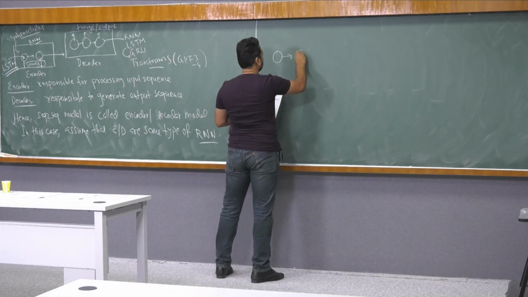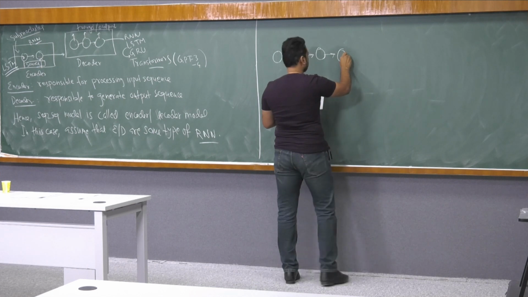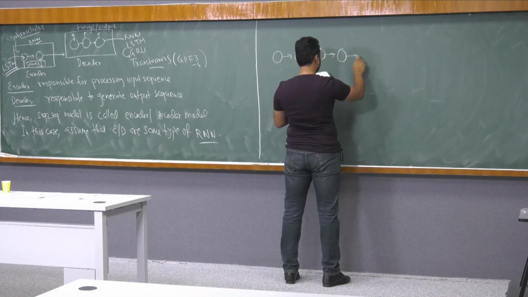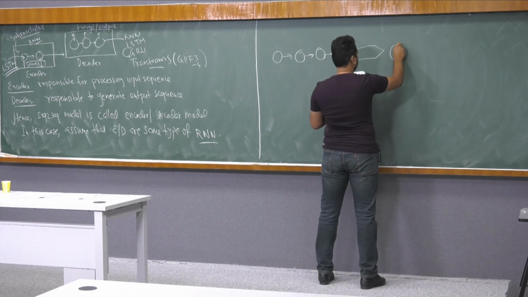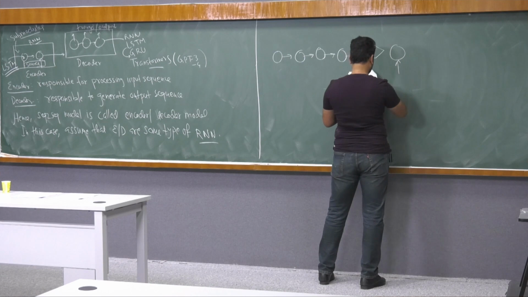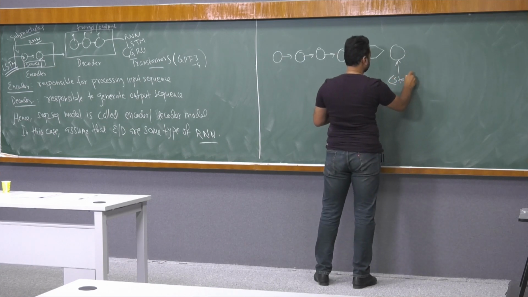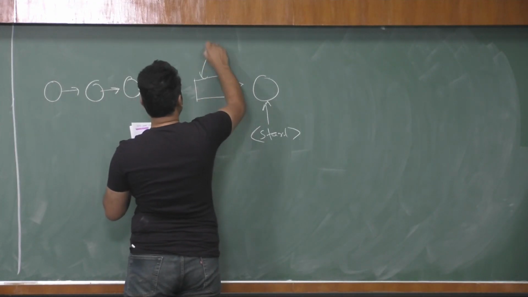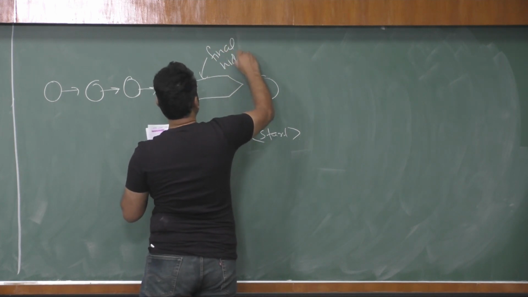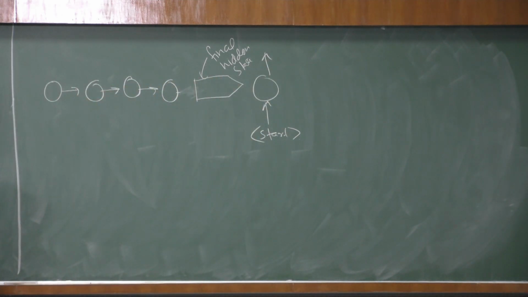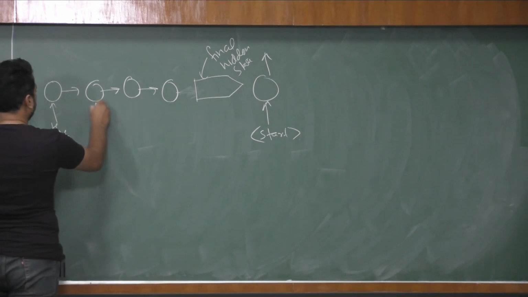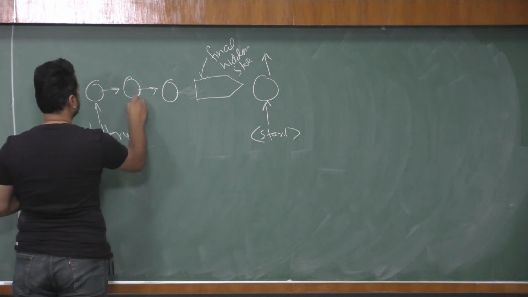Let us say this is our encoder, and then we have the decoder, and we have some start token, and this is our final hidden state. In a sequence-to-sequence model, as I said, we encode the inputs. In this case, let us say the input would be: the battery is dead.